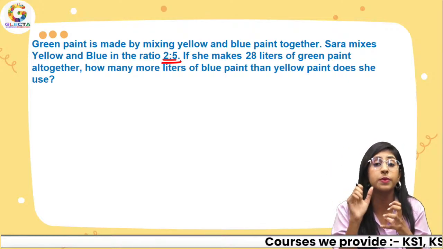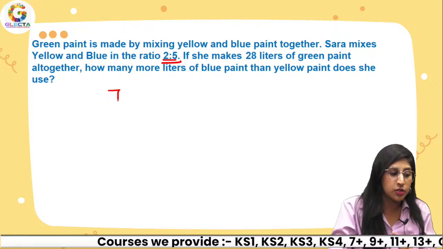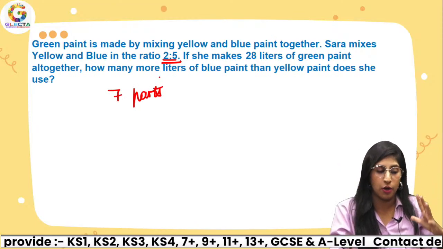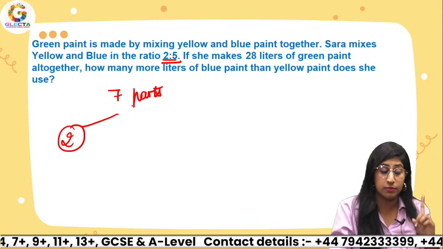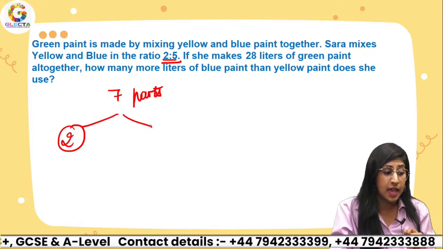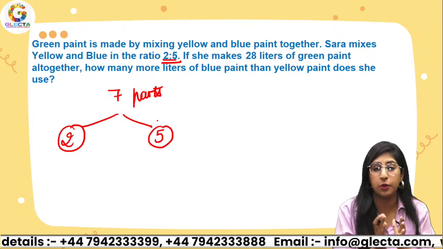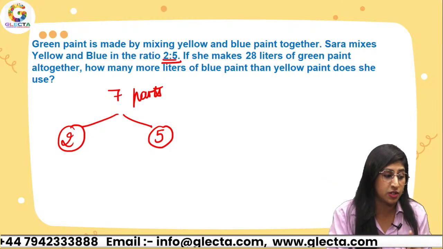The total would be 7, right? 7 parts. Imagine that you have paint and we are dividing the paint in 7 parts. 2 parts of yellow paint, and then 5 parts of this blue paint. When they mix together, that gives me a green paint, right?